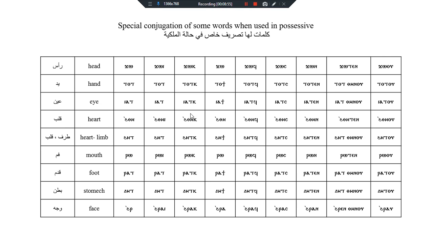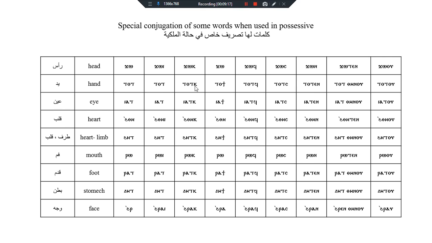We have special cases in possessive with parts of the body. We say go, which means the head, won't say my head. We say go, gok, go, gof, gos, gon, goten, gosino, gou. Hand means tot.